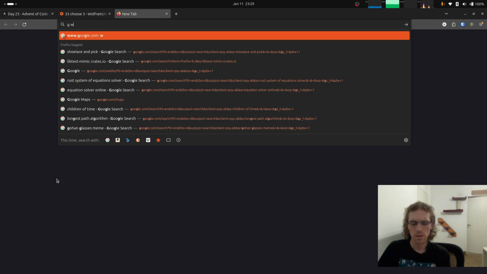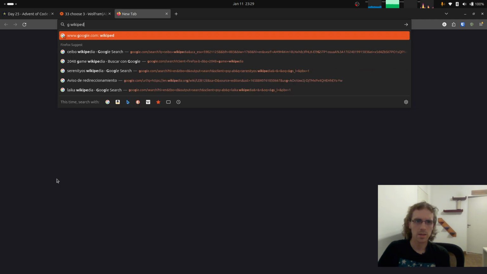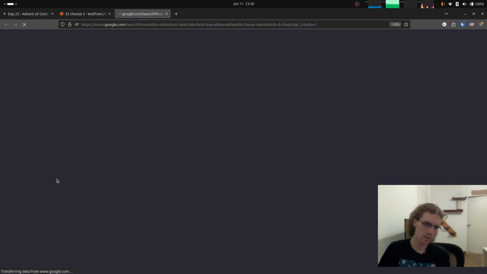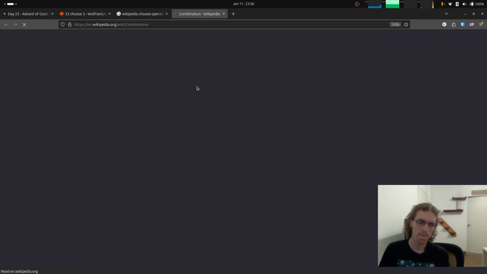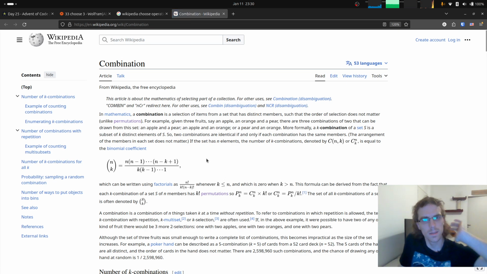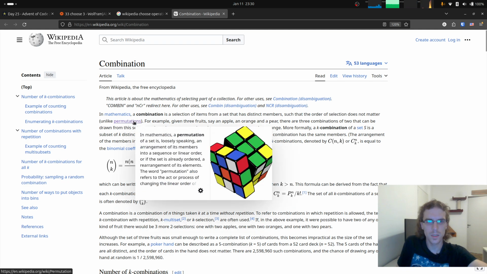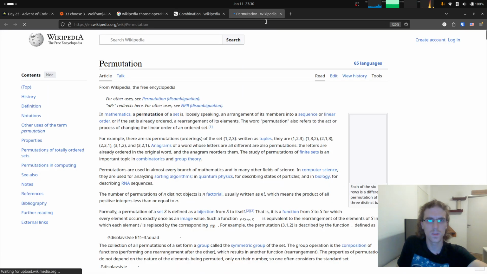So Wikipedia, let's choose operation. Okay, I want combination. From a set that has distinct members such that the order of selection does not matter. Okay. Unlike permutations.